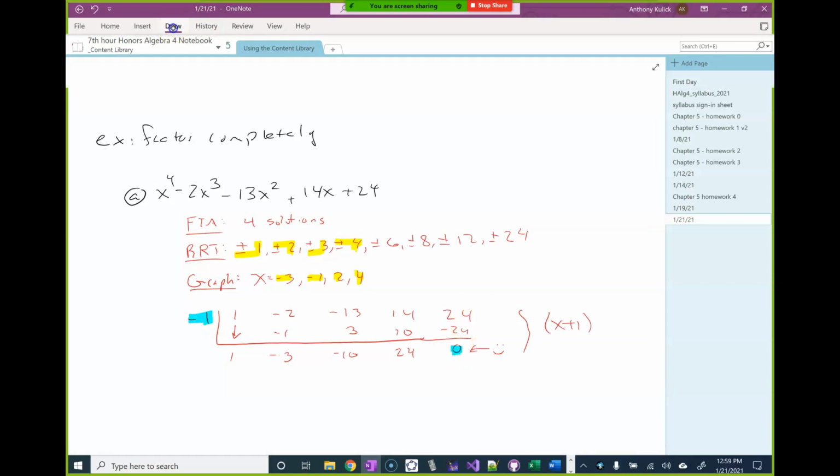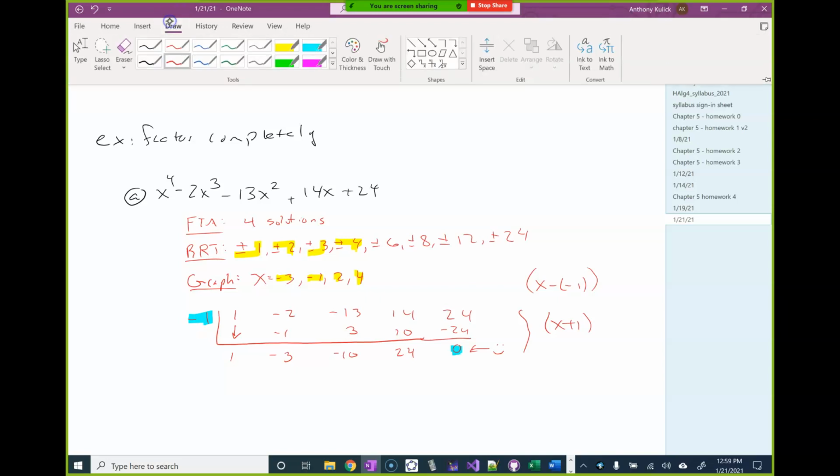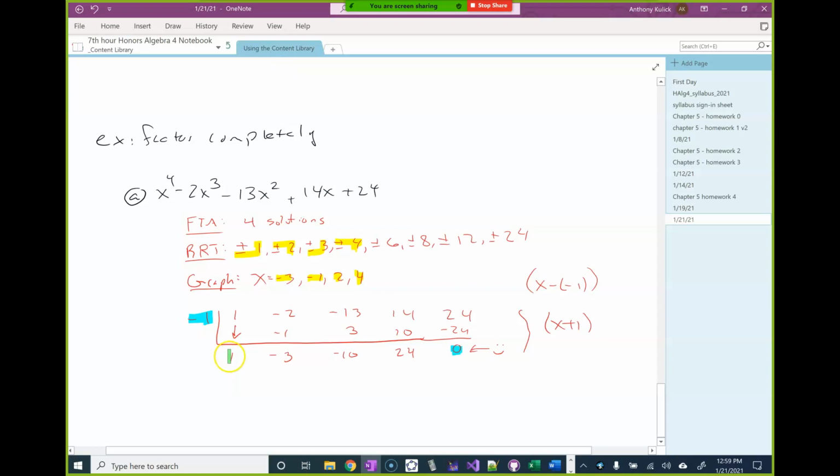Is everybody okay with that? It'll always be that way. So it'll always be flipped like that. And then the other factor is going to come from that information. So remember that constant, x coefficient, actually I want to put them up here, x squared, x to the third.